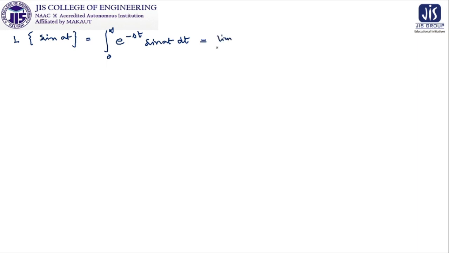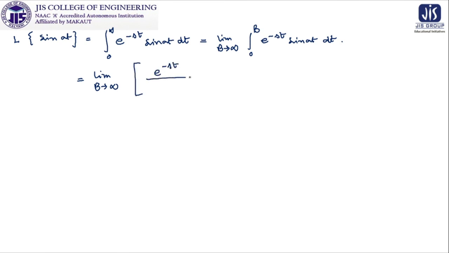Here we are now applying the concept of improper integration 0 to b, and we can write it as e to the power minus st sine at dt. So in the next line we can go for limit b tends to infinity e to the power minus st by s square plus a square.